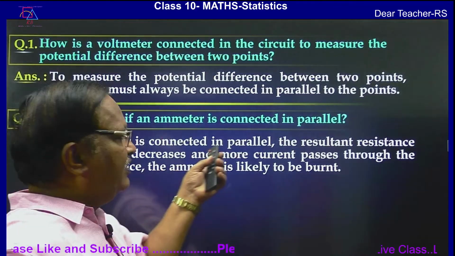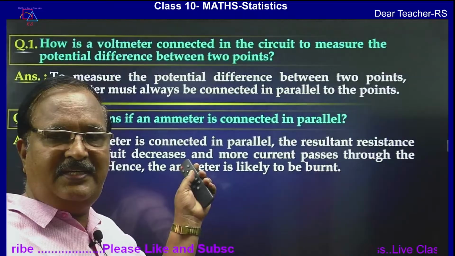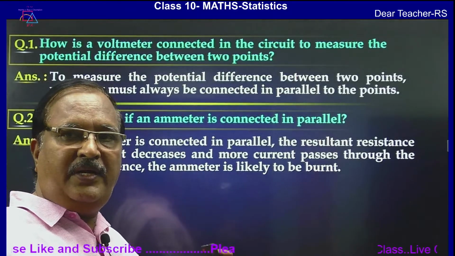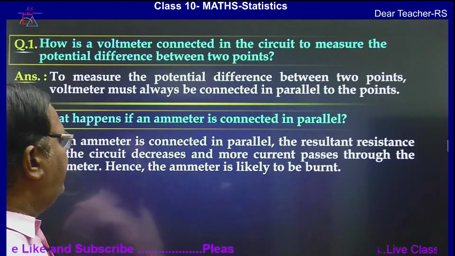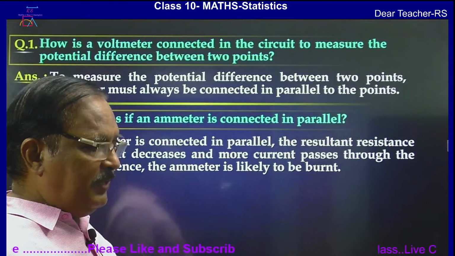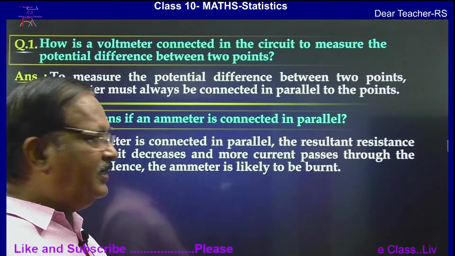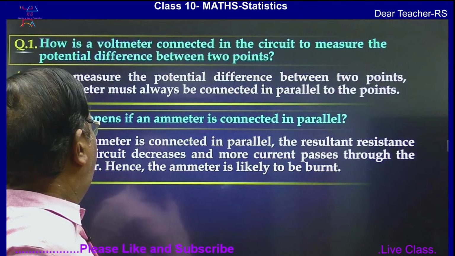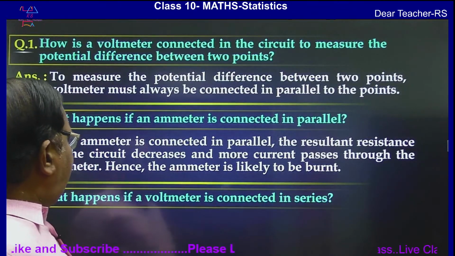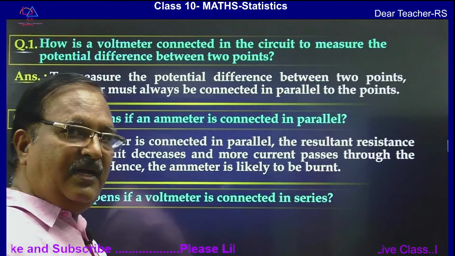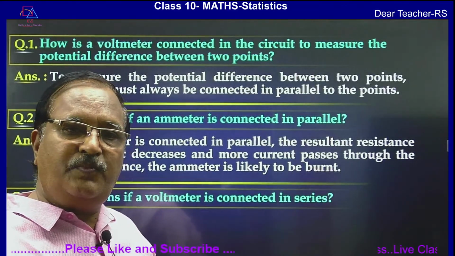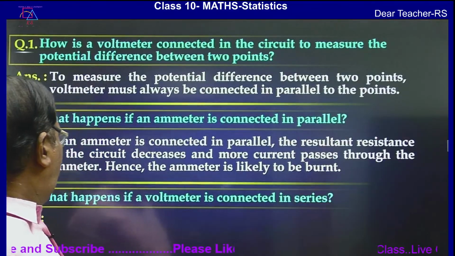If you are not connecting the ammeter in series, there are many chances of the ammeter getting spoiled, it gets damaged. So, when you are connecting the ammeter, please ensure that it is connected properly. What happens if the voltmeter is connected in series? Right? It gets damaged, but you should also know the reason. Right?